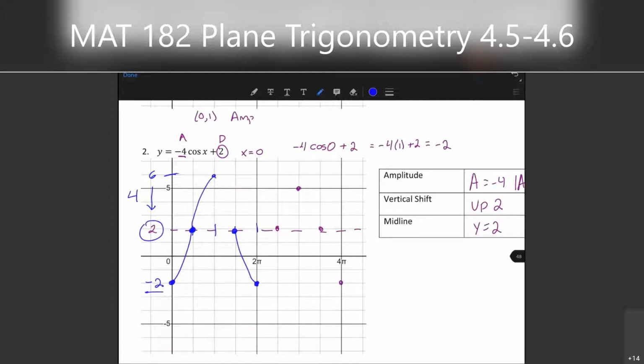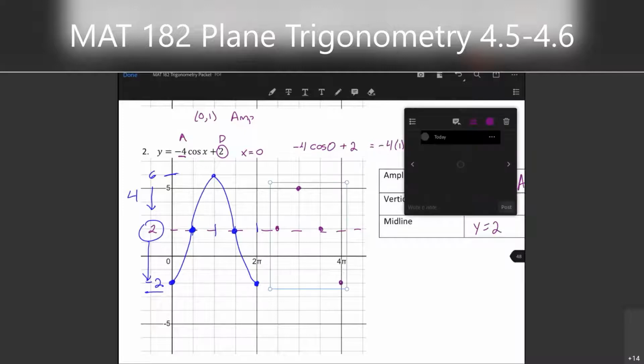So we're going 4 units to our maximum, and then 4 units to our minimum. So that's the amplitude. The thing is, your amplitude is 4, so wouldn't the highest it'd go be +4, -4, and that's it? Because we've done a shift of 2 units, you would add 2, so the maximum would be 6 now. Yes, sir. So it should be at 6 when we make that adjustment.